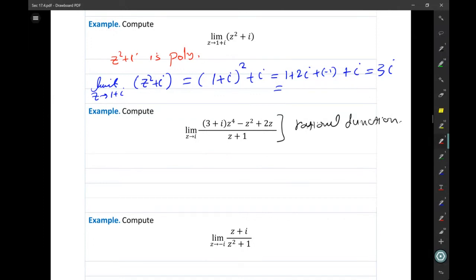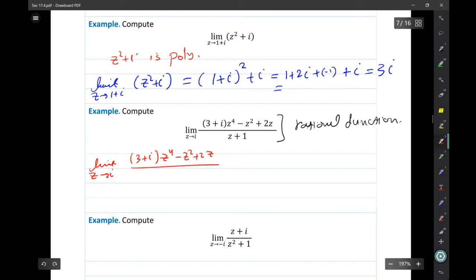The limit when z approaches i: it is rational, and i is not a zero of the denominator. So the limit is just a matter of substituting i into (3 plus i) times z to the power 4 minus z squared plus 2z, divided by z plus 1.